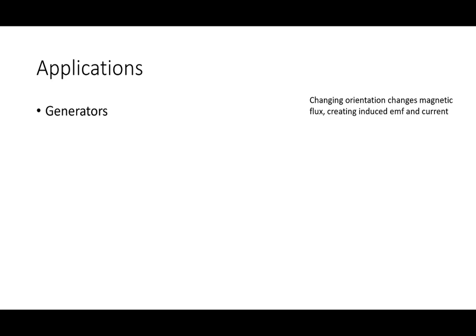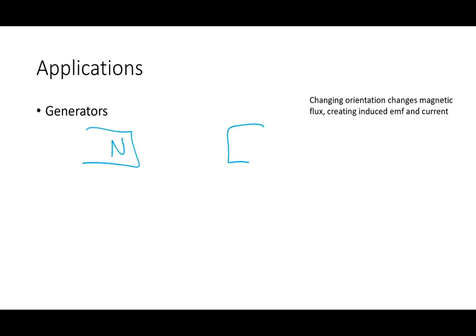Now that we can create current, the first and easiest application you can think of is generators. You could, of course, use a wire and just slide across to get a changing area, to get a changing magnetic flux, to get your EMF, but you're going to run out of space. So more likely, we're going to use this kind of arrangement.